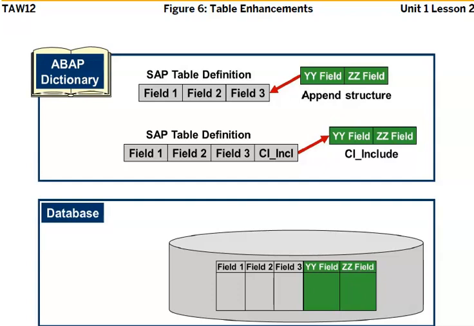Okay. So there is an include. Now when we go for append structure: if you have to add fields only to a particular table, we'll go for append structure. But just in case you want to use the same fields in multiple tables, then you will go for include structures. So include will actually add those fields in the table.